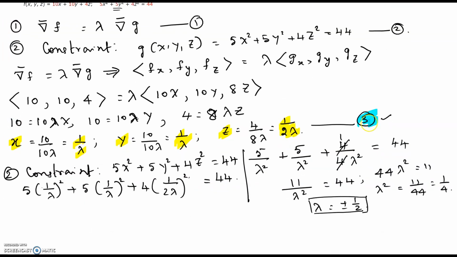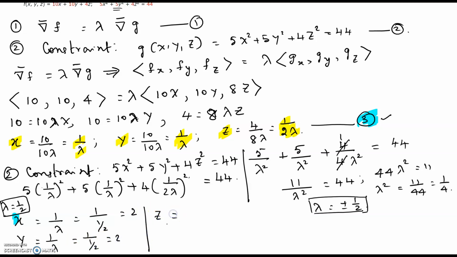So using relation 3 here in blue, x equal to 1 over lambda, which is 1 over 1 half, assuming lambda equal to 1 half, x equal to 2, y same thing 1 over lambda, which will be 1 over 1 half, that will be 2 again, z equal to 1 over 2 lambda, which is 1 over 2 times 1 half, which is equal to 1. So 1 point x, y, z equal to 2, 2, 1.